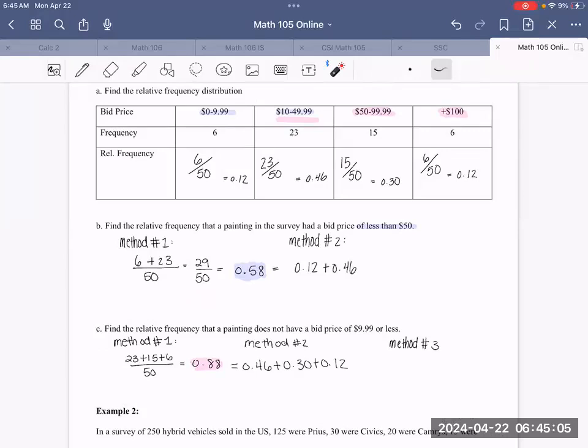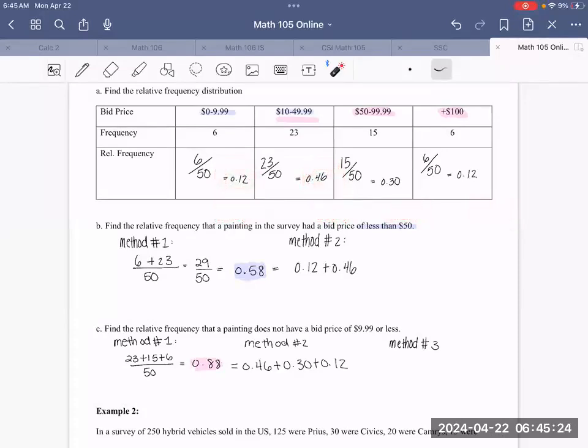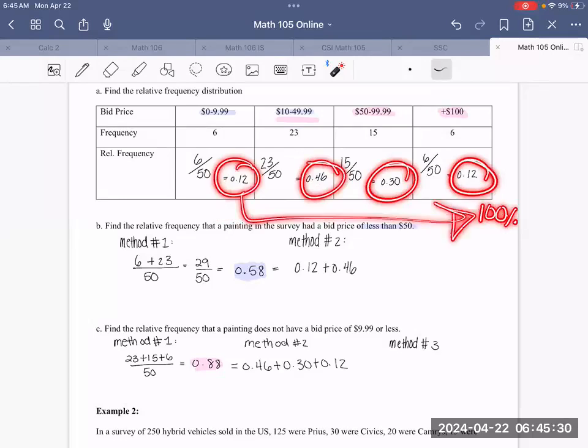So if the lowest we can have is 0, what's the highest probability we can have? Because keep in mind, these are percentages. This is 12%, this is 46%, 30%, and again, another 12%. So what's the highest percentage we can have? Well, we can have a total of 100%, which means if we added all of these up, it would total to either 100% or 1.